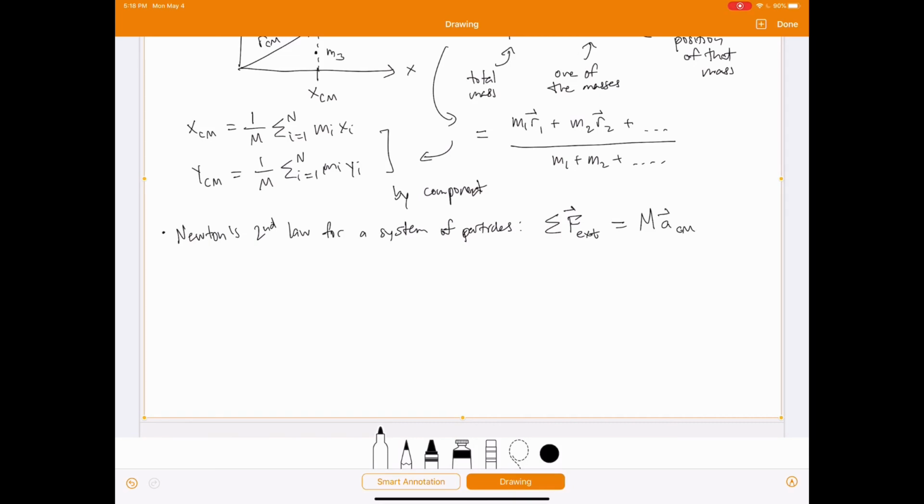Okay, so if we put this in words, it's the net external force, or outside force, that acts on a system. That's going to determine how the center of mass moves.